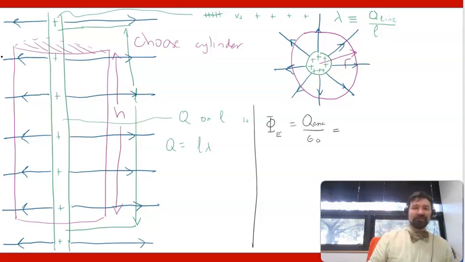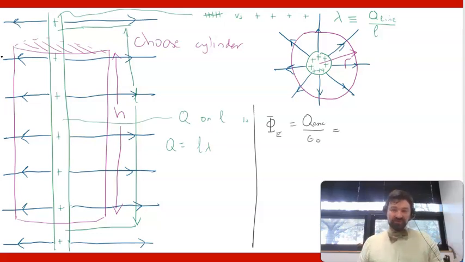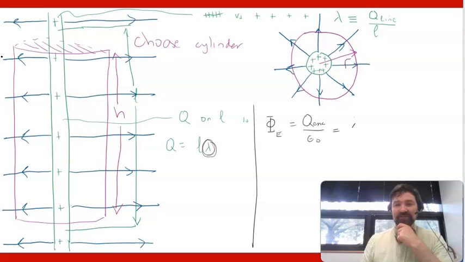And looking at my cylinder, all of the line within the cylinder is enclosed within the cylinder, but only a certain length of the line. So basically the entire thickness is enclosed, but only a certain portion of the length is enclosed. And so to get Q enclosed, I can use this linear density lambda, and I can multiply it by the height of the cylinder H.